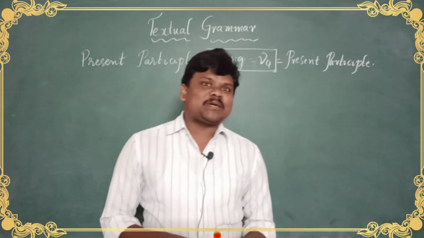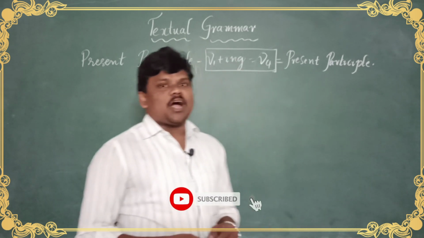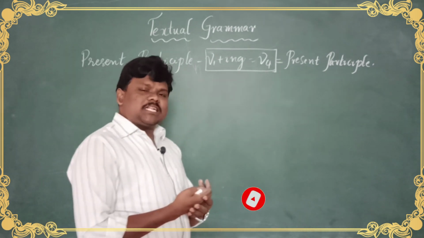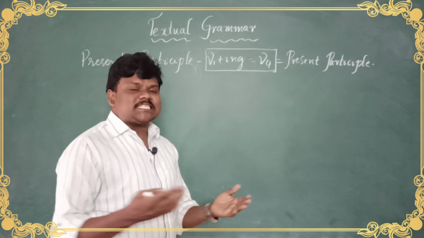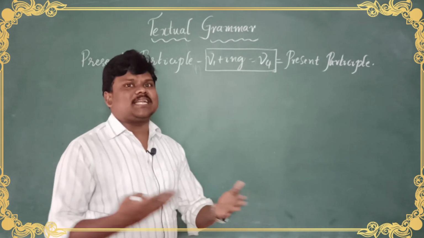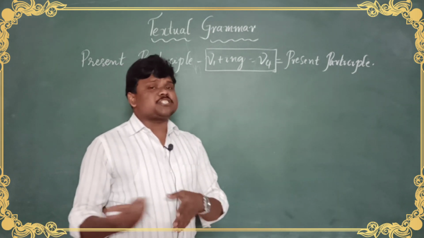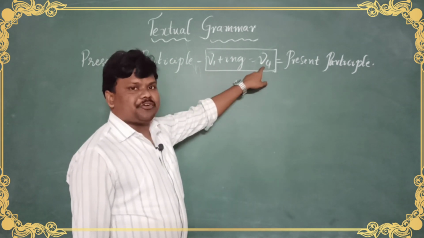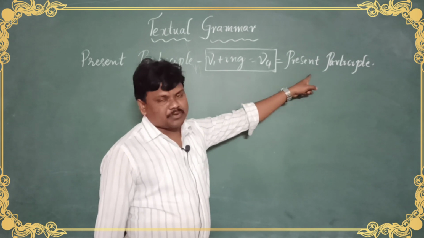Dear students, in my last class I taught you how to combine two sentences with participles. I also explained the difference between participle and gerund. What is a participle? If a verb is in the form of V4, it is called a present participle.